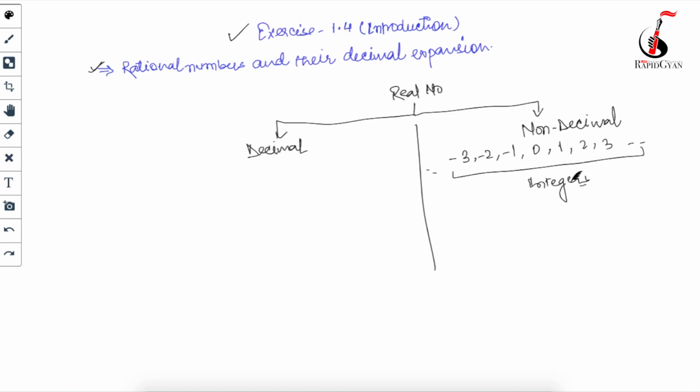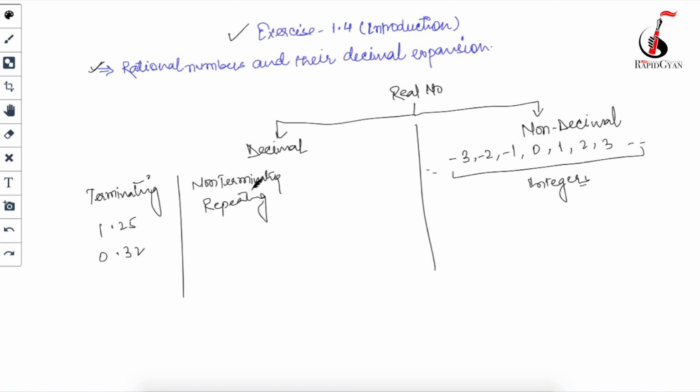And decimal numbers are of three types. One is terminating, which I have told you, something like 1.25 or 0.32. Another one is non-terminating and repeating, like 3.2525 and so on, which I can also write as 3.25 bar.